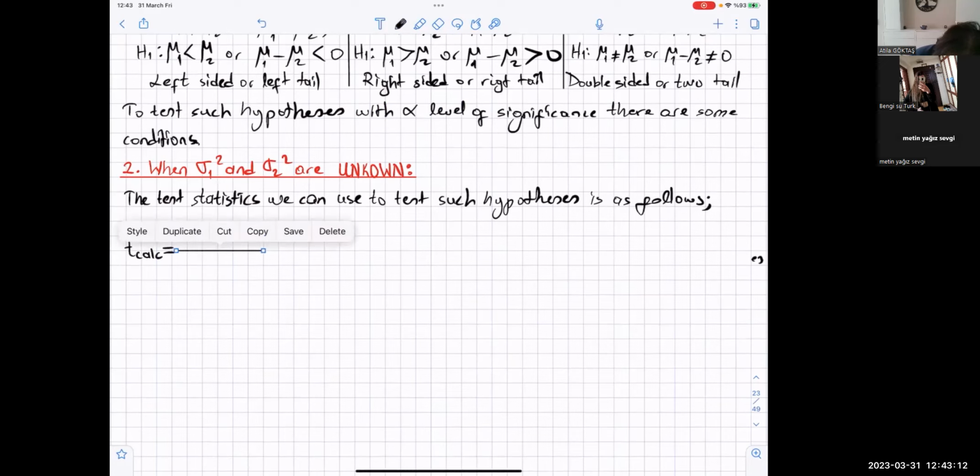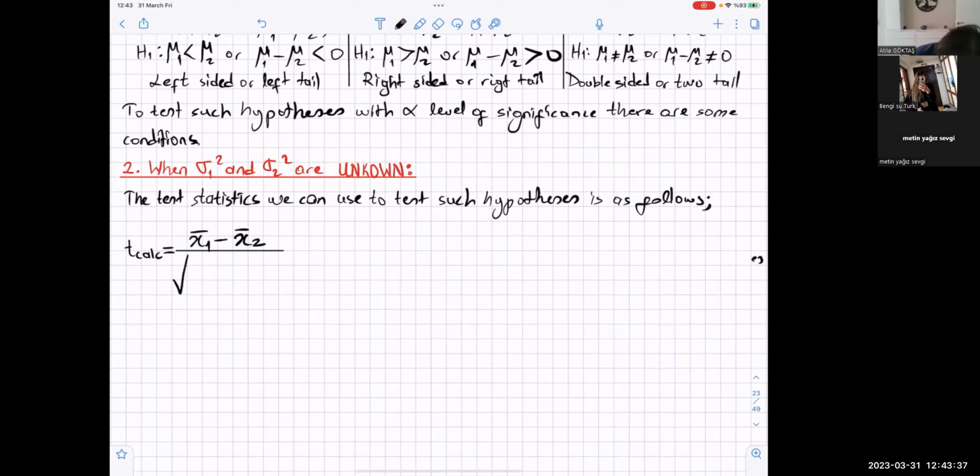You have x1 bar minus x2 bar. This is common from the previous week's lecture. In the numerator, x1 bar minus x2 bar is the same. The denominator part of the test statistic is different. Let me show you.